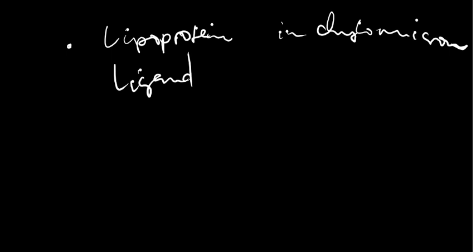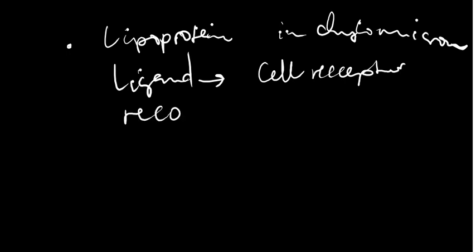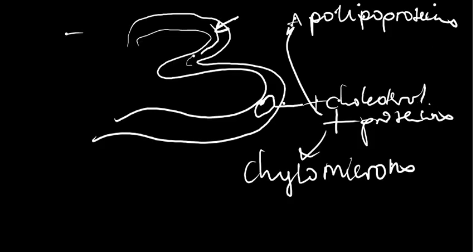So the chylomicrons serve as ligands, which the cell receptors are able to recognize. There's recognition due to these ligands, and they aid the movement of the chylomicrons within the intestinal wall.